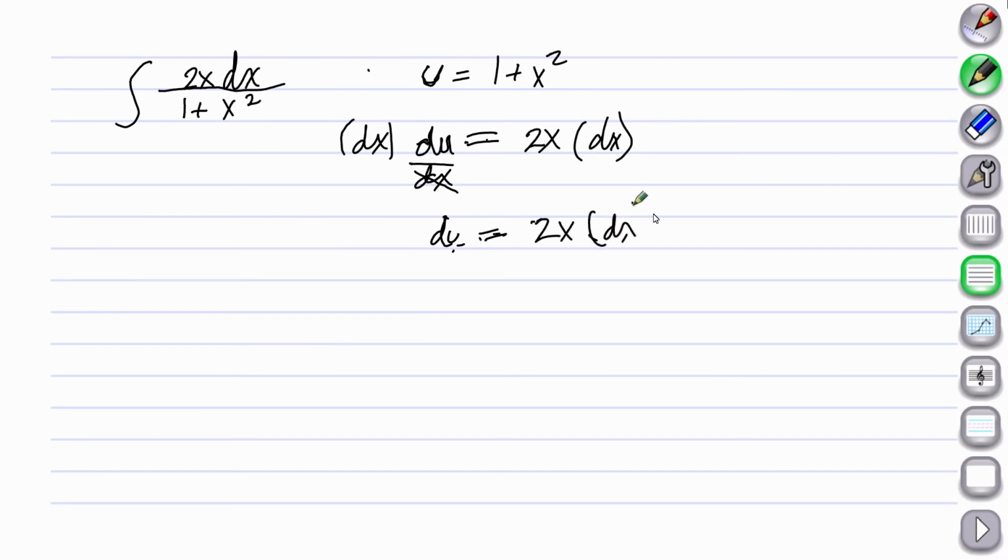And if you look up here, Chris, okay, so we get, in place of this 2x dx, I'm going to substitute, I don't know, this pen is going crazy, it's gone.